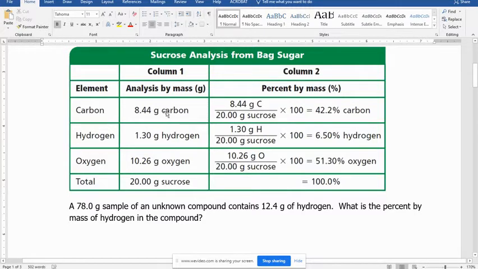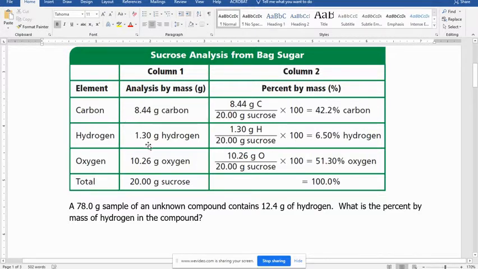So down here, we have an example where we have sucrose, and sucrose is a sugar that appears in various forms. Most commonly where you've had this is sugar at home that you use to make cookies or add to your coffee or something of that nature. So when you go to the store and you buy sugar in those 4-pound, 5-pound bags, the stuff that you're getting is sucrose.